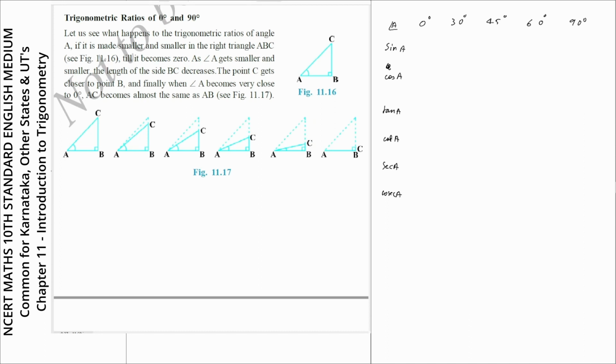You make one row in this way, put 0 degree, 30 degree, 45 degree, 60 degree and 90 degree, and in one column you put sin A, cos A, tan A, cot A, secant A and cosecant A, and in the second row you write 0, 1, 2, 3 and 4. Now you divide all by 4, that is 0 by 4, 1 by 4, 2 by 4, 3 by 4 and 4 by 4. Now you take the square root of all.